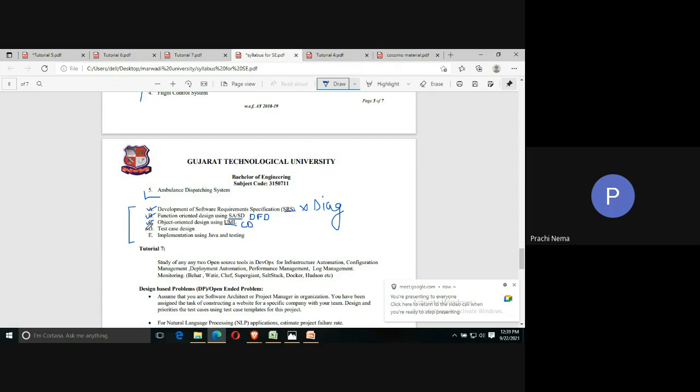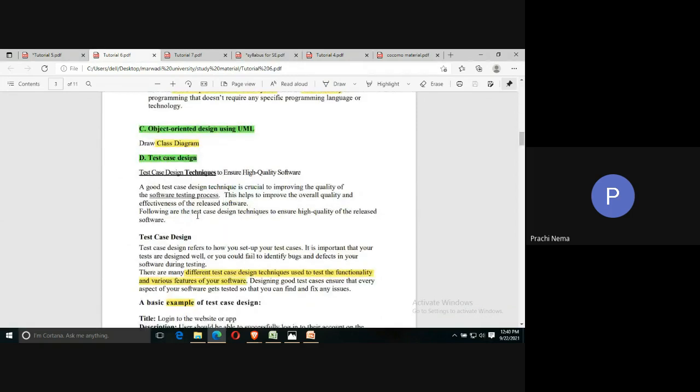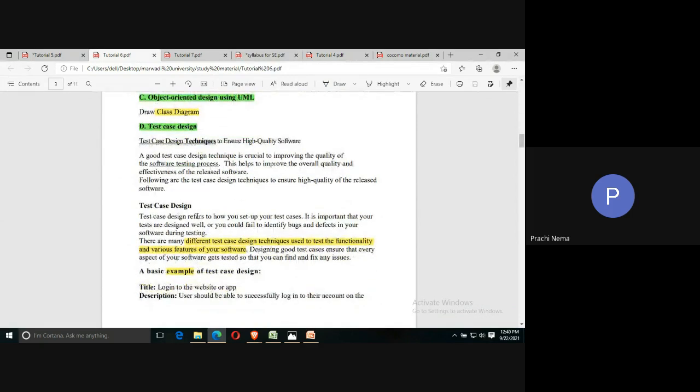Then for your fourth point, that is test case design. For test case design, there are various techniques and also a tool available which you can use to make the test case design.